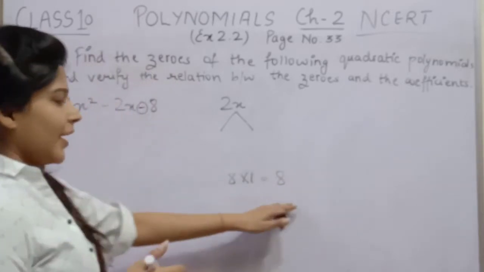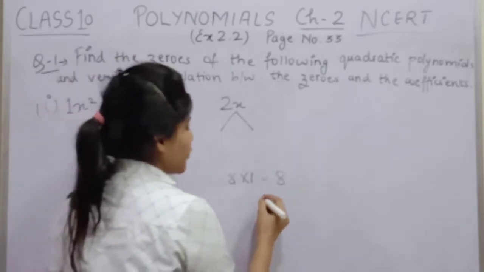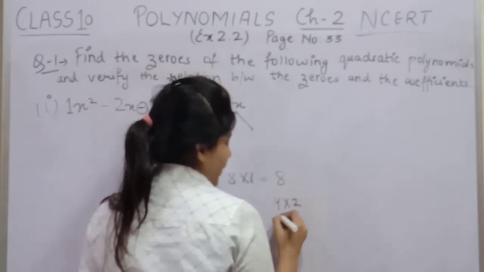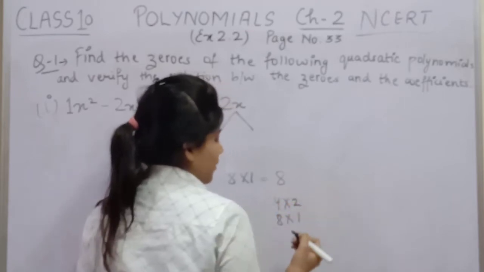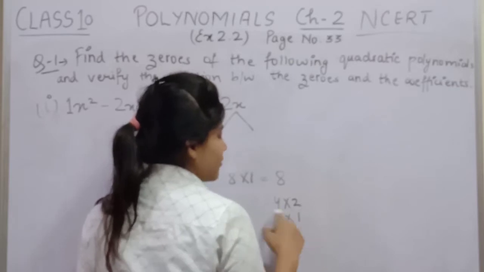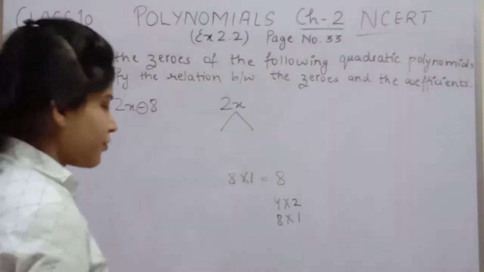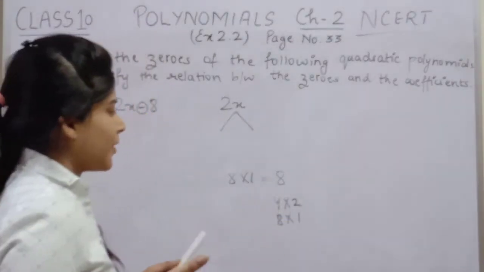So पहले हम 8 के factors लिख लेते हैं. That would be 4 into 2, 8 into 1.